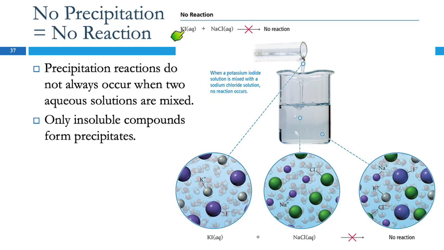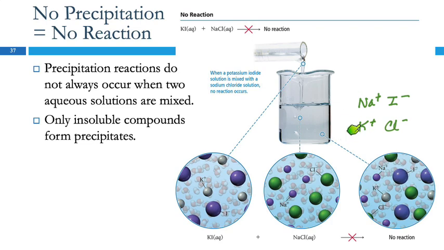So here, if we mix potassium iodide and sodium chloride, there's potassium and iodide and sodium and chloride. And so we look at the possible combinations, and that would be sodium with iodide or potassium with chloride. First row on the list of solubility rules says that sodium and potassium are always soluble.